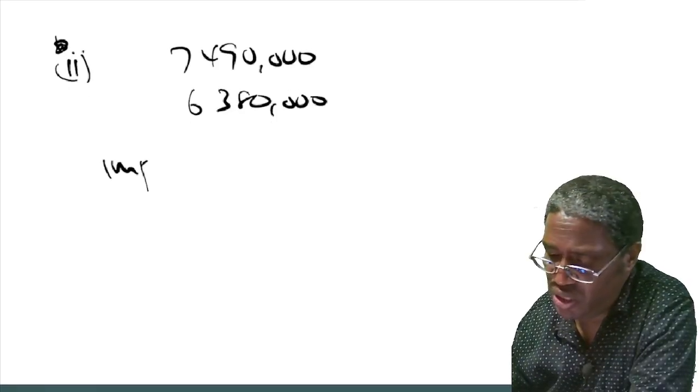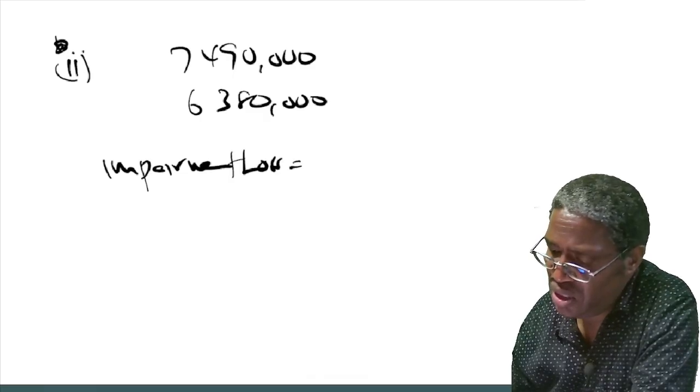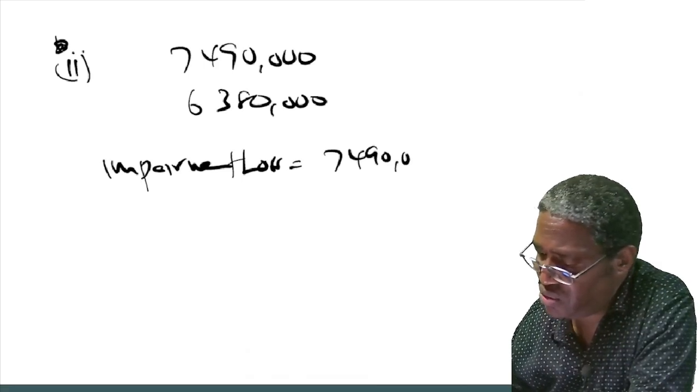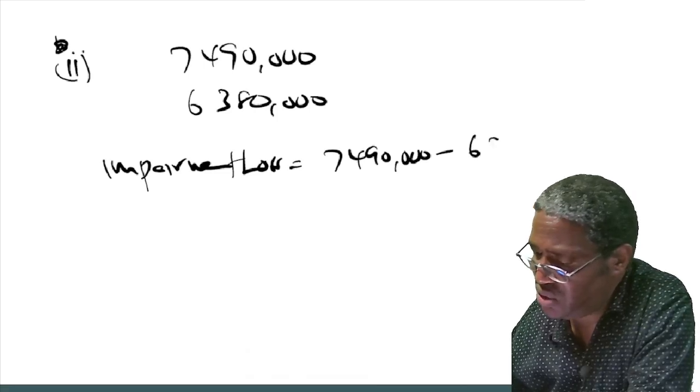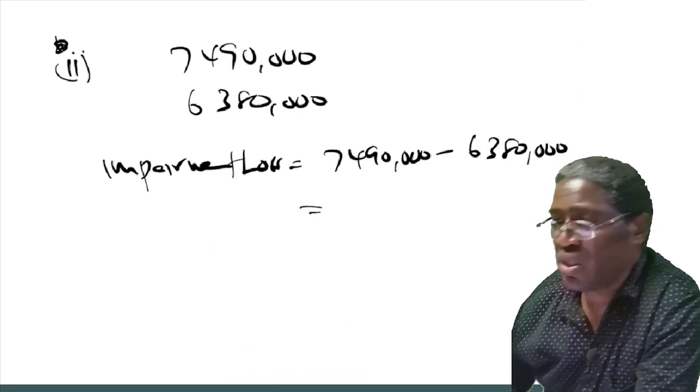So write down below: impairment loss equals 7,490,000 minus 6,380,000. Let me calculate it.